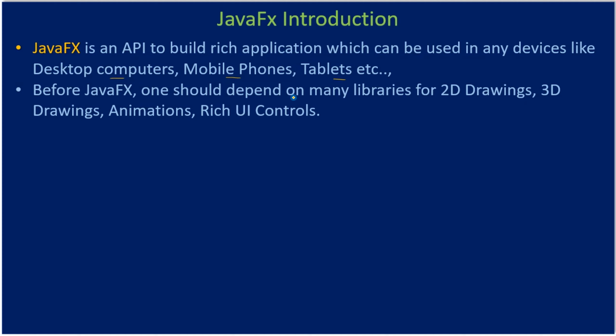But Java 2D is given to you by the Java SDK itself. But before JavaFX was released, you had to depend on third-party libraries to perform 3D drawings, animation, and other stuff. But now with JavaFX, you can do all these stuff under one single umbrella.